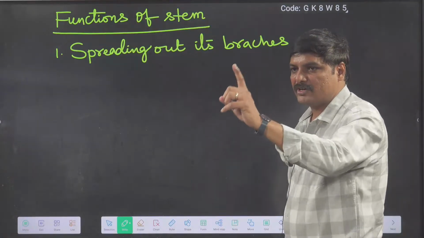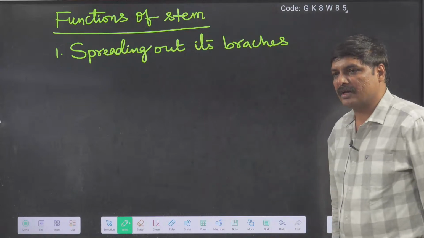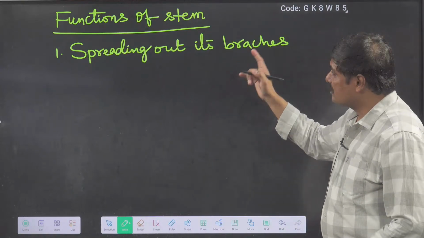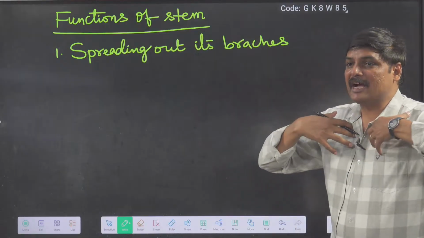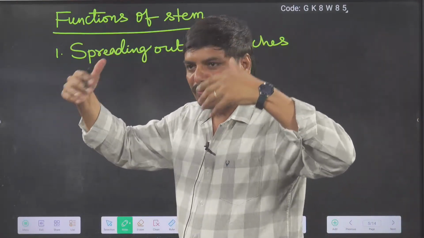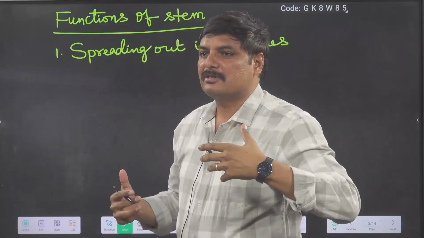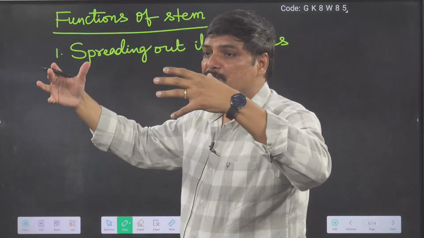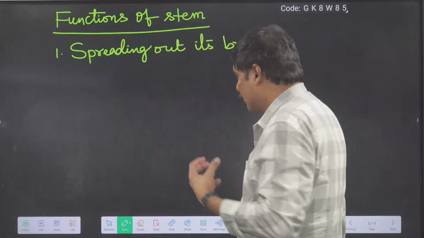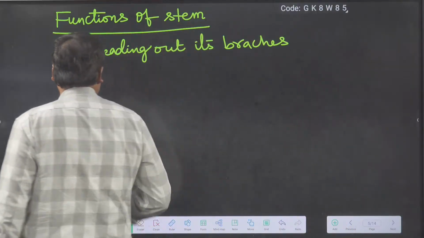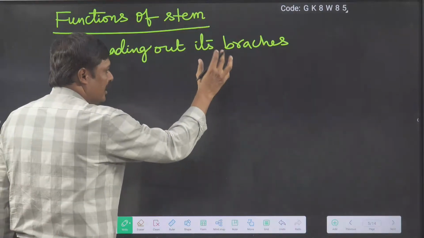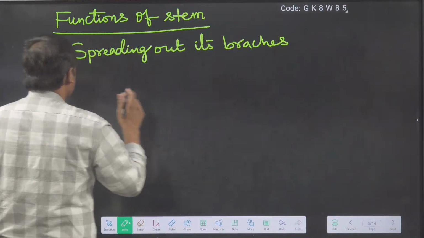That is the first function. Try to understand carefully. The function of the stem is spreading out its branches. Branches bear flowers, fruits, and leaves, so that they are exposed to sunlight for carrying out photosynthesis. That is one important function of the stem.